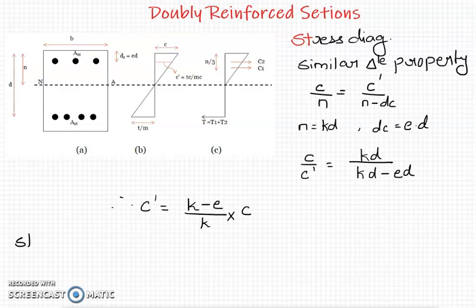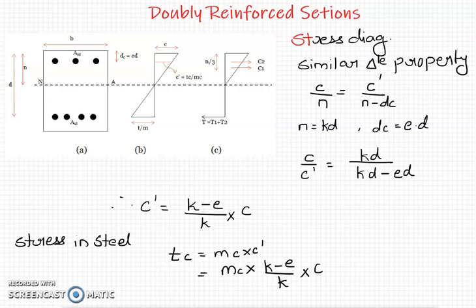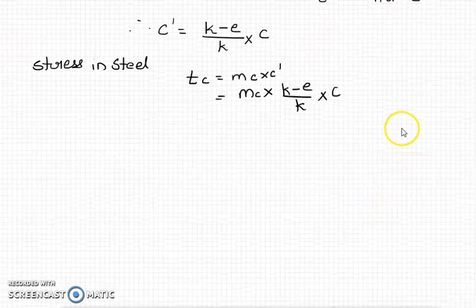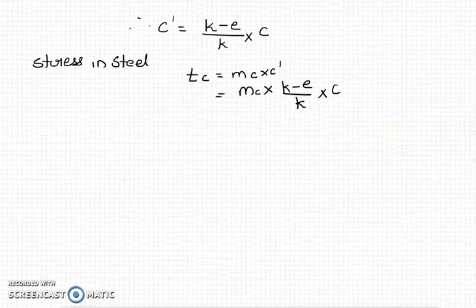Now stress in steel, it is TC, this particular value, TC is equal to MC into C dash. So if C dash is TC upon MC, TC is equal to C dash into MC. This is what I have written. Okay, this again is equal to MC into, we will substitute the value of C dash, that is K minus E upon K into C. I've just substituted the value of C dash in the equation.